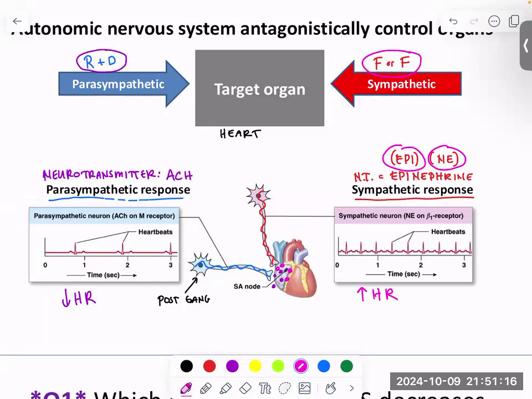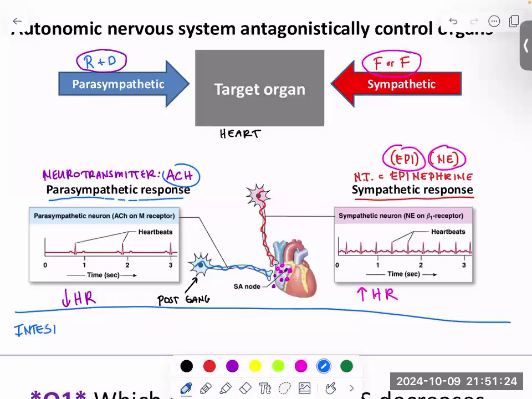What is it going to do? What is acetylcholine going to do to the intestines, folks? Increase activity. Increase the enzymes, increase the acid production, increase the movement of those muscles.